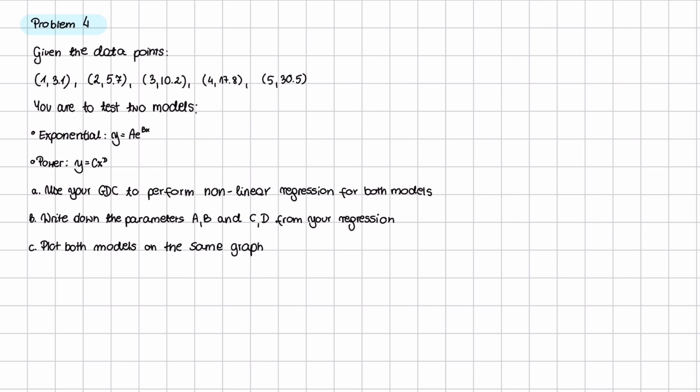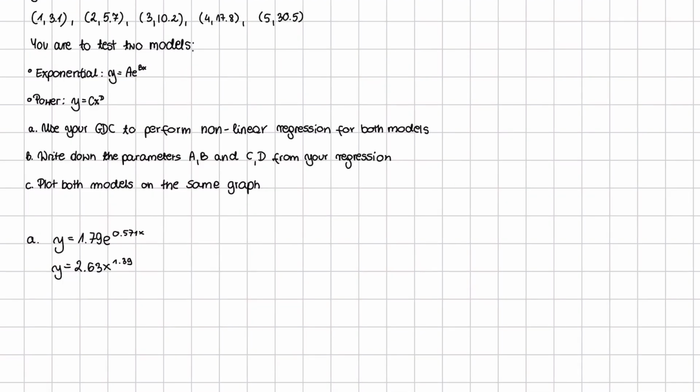Firstly we have to type them, and then just choose exponential function and then power function, and we will get these functions. So these are our functions. The first one is exponential, the second one is power.